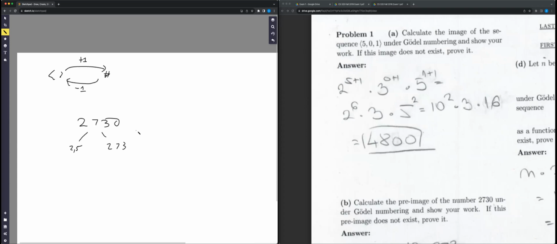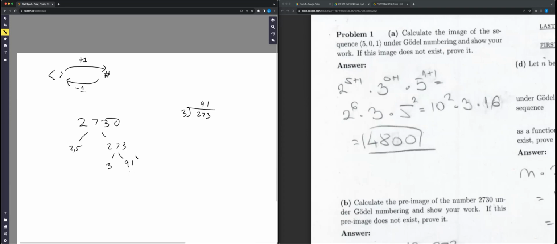This isn't even. I don't know what numbers divide into it, but I know that it needs to not skip. So let me check, does 3 work? 2 plus 7 plus 3 is 12, so this is divisible by 3. 273 divided by 3 is 91. So this is now 3 and 91.